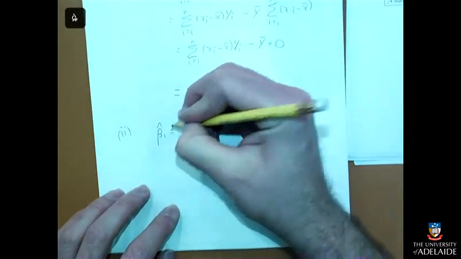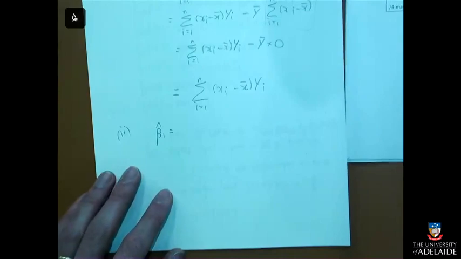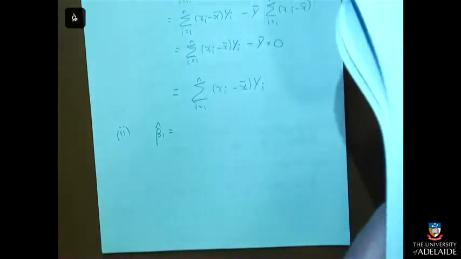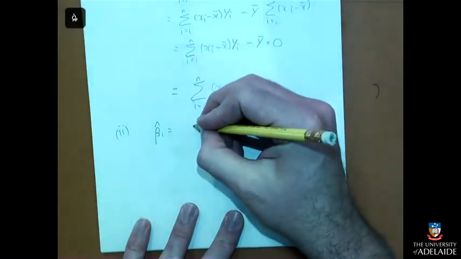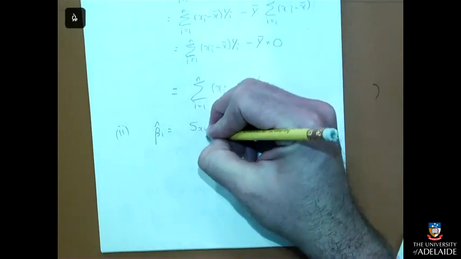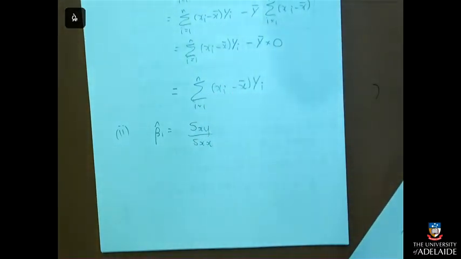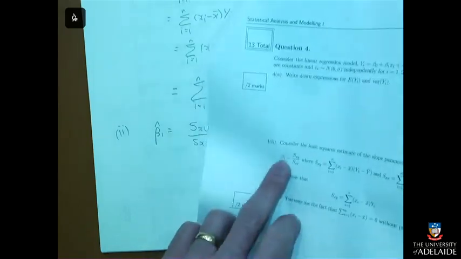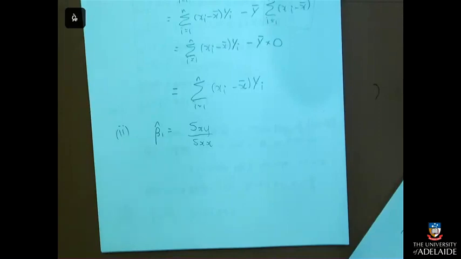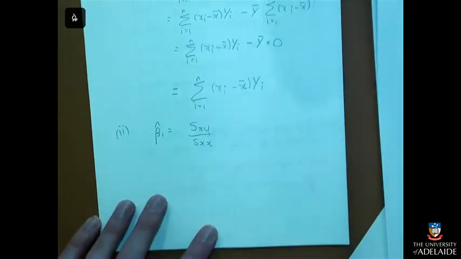Well, let me write down what beta hat actually is. Just a second, I know that. It's Sxy over Sxx, I think. Yep, got that right. Excellent. Okay.